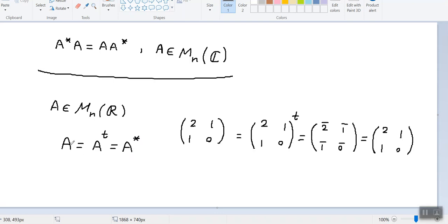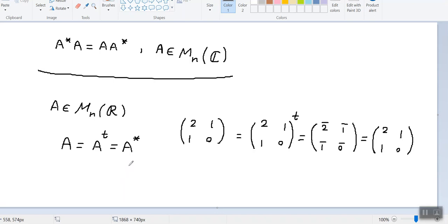So it means A equals A star. So what does it mean? It means A is self-adjoint. So definitely when A is self-adjoint, it commutes with its adjoint. It means when A equals A star, A commutes with A star. So definitely A is normal.